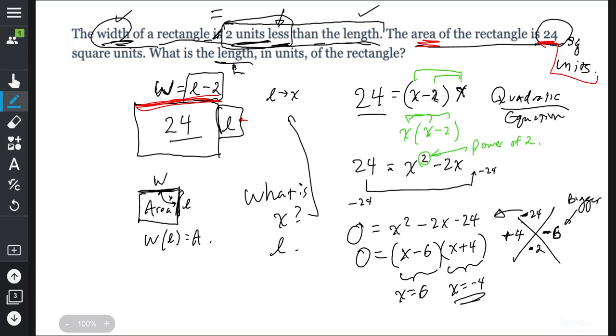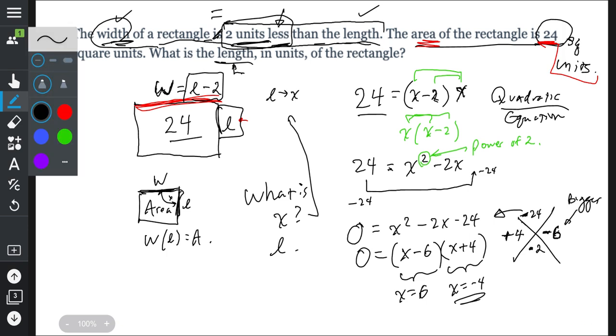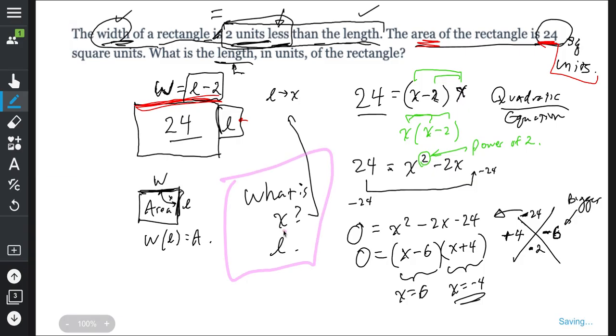Now, let's go back to our problem. And our question is, what is X? Or what is L? Well, take a guess. Which one do you think makes sense? It's going to be one of these. Is it going to be the negative number or the positive number?